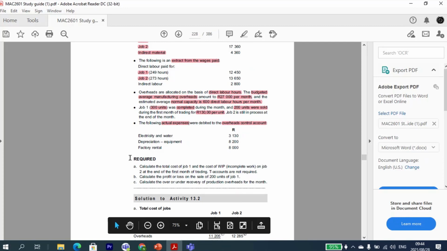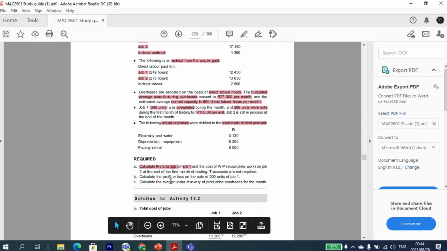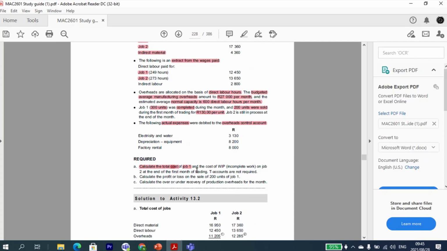Now let me look at what they require from us. A, they require you to calculate the total cost for job 1. Now you must think total cost is both direct labor and material, and also your manufacturing overhead.